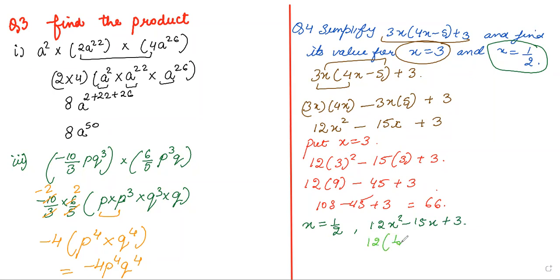12 into 1 by 2 whole square minus 15 into 1 by 2 plus 3. So 12 into 1 by 2 whole square is 1 by 4 minus 15 by 2 plus 3. 4 into 3 is 12. So we get 3 minus 15 by 2 plus 3. Solve this and write your answer in chat box.